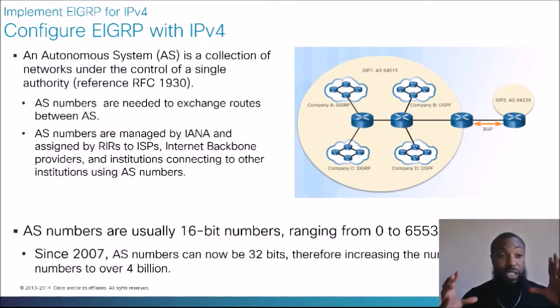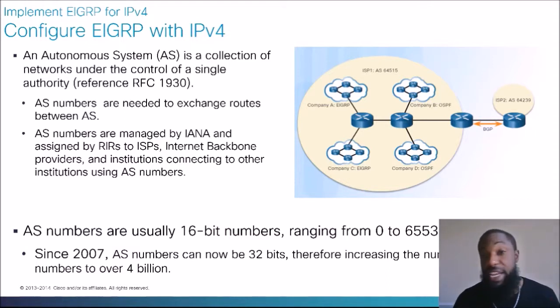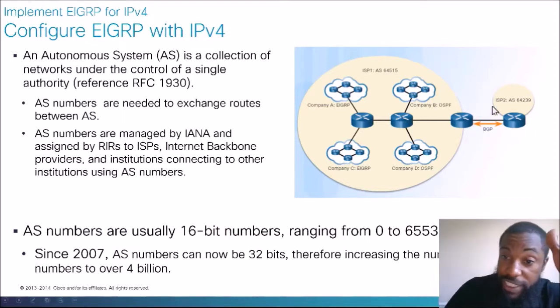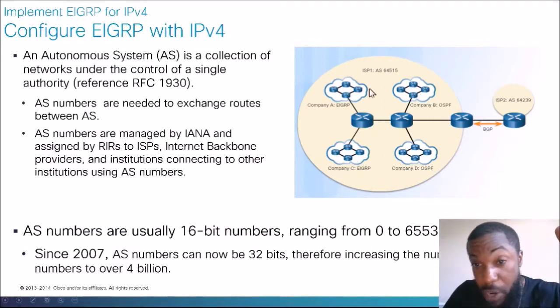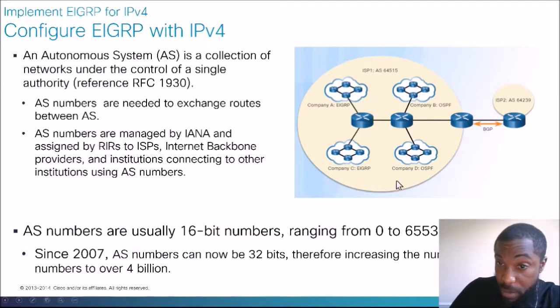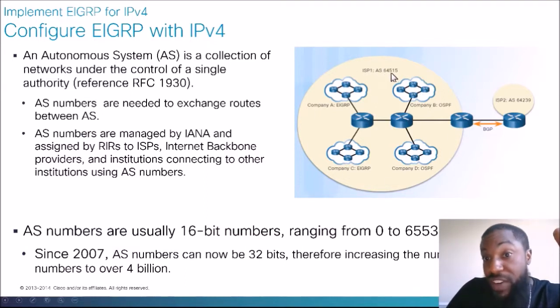An autonomous system is a collection of networks under the control of a single authority or entity, whatever you want to say. So if you look at this big circle right here, we have a bunch of routers in here, right? They're all participating in EIGRP, but they're all in the autonomous system 64,515.